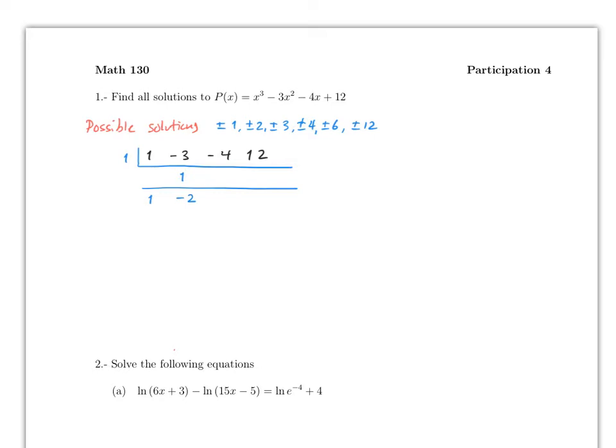This is -2. Now -2 times 1 is -2. You add it up, so this gives you -6. -6 times 1 is -6. And this equals 6, which is not 0, so therefore the 1 doesn't work.